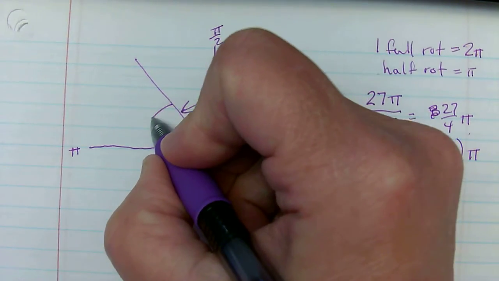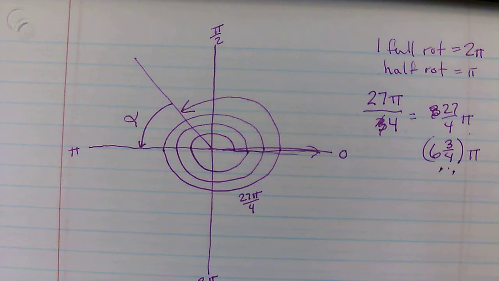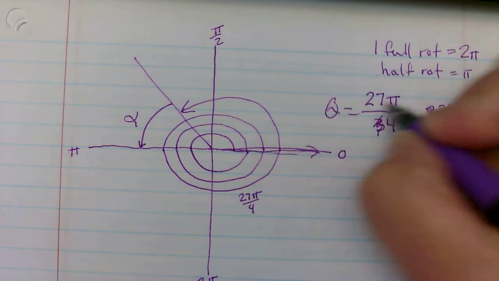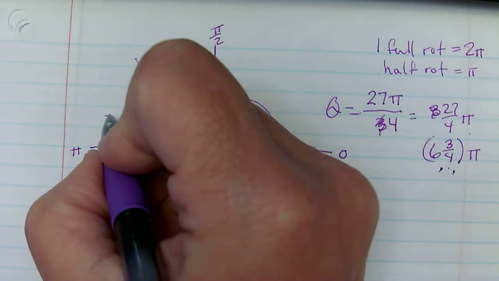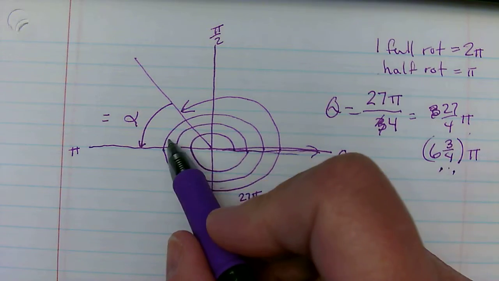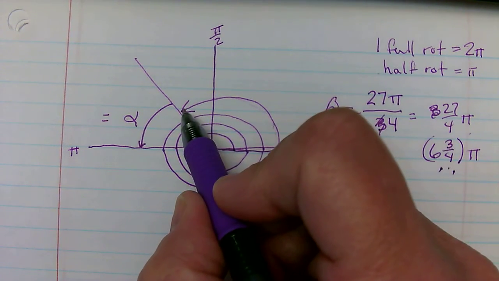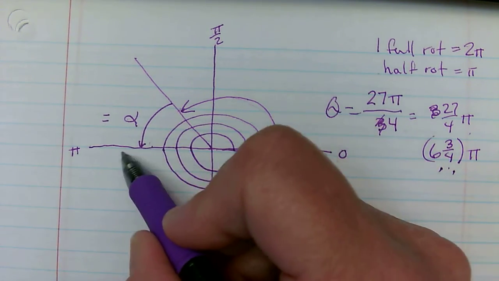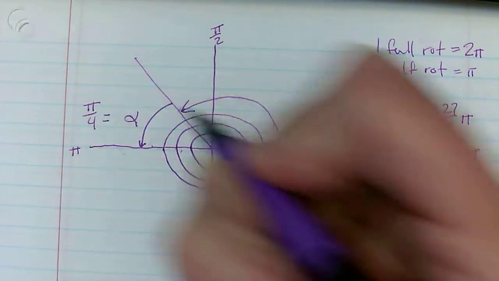And we call that angle the reference angle, and we usually use the Greek letter alpha to represent that. So our angle, theta, is 27 pi over 4, but its reference angle, alpha, if we go back to how we counted this, remember this was starting from the 0, this was 3/4 of pi, so I need another 1/4 of pi to get to the x-axis, so this would be pi over 4 in this case.